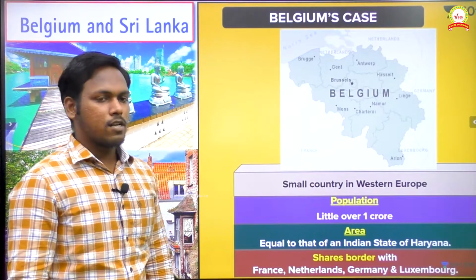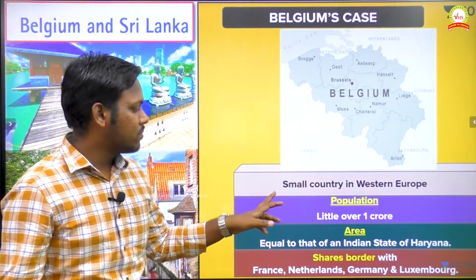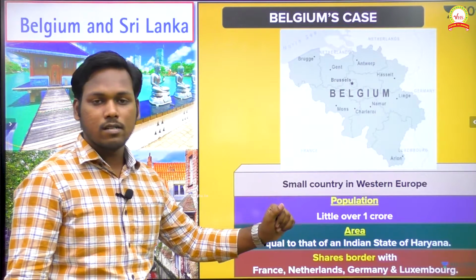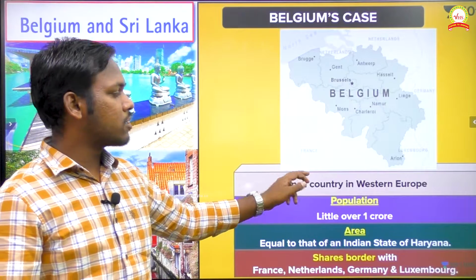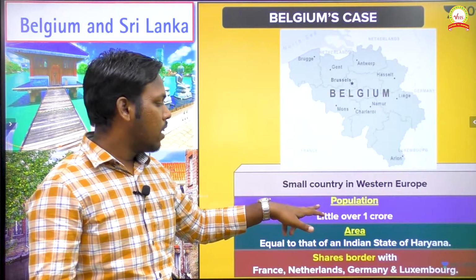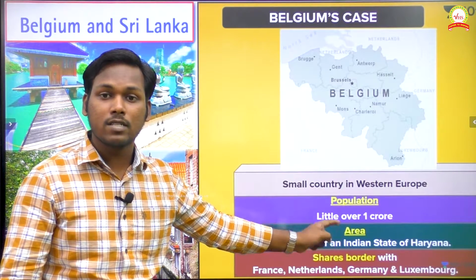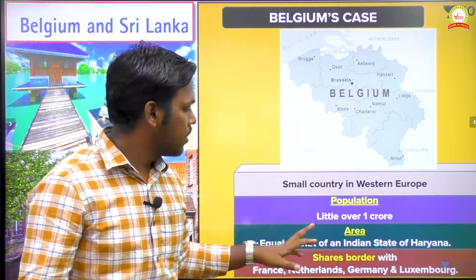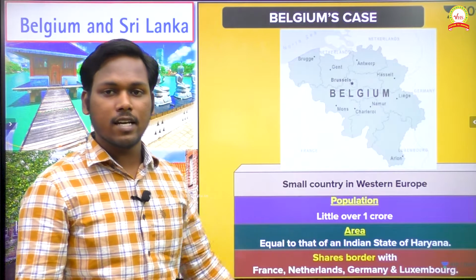Belgium's case. Belgium is a small European country, a very small European country. It has a population of a little over 1 crore, just above 1 crore, but the area is equal to that of our Indian state Haryana.